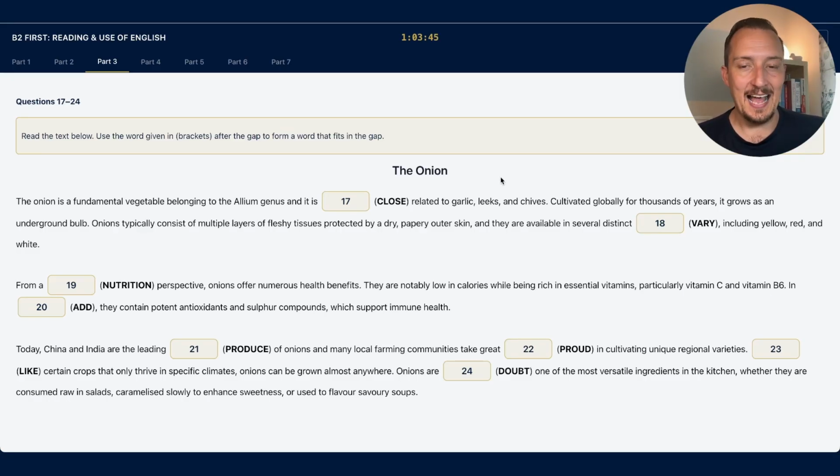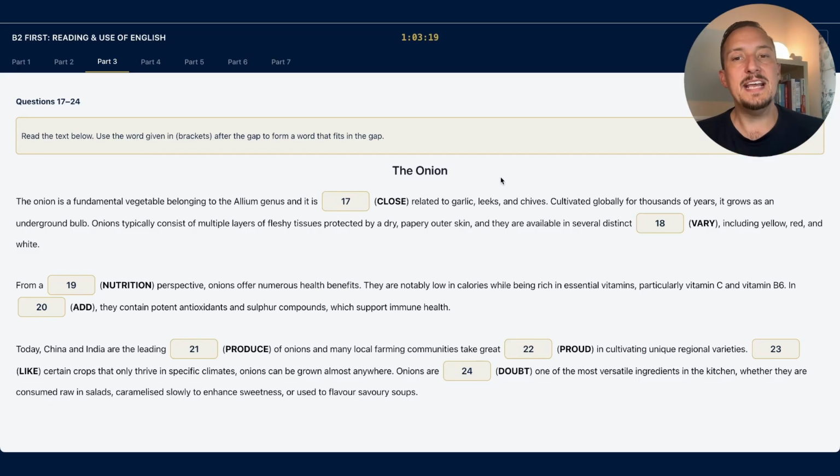Again, 8 gaps. This time, you are given a word in brackets, which is often called the base form of the word. And that word you must transform or change either into a noun form, adverb, adjective, something like that, to best fit the sentence based on what's written around it.